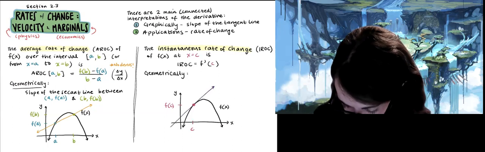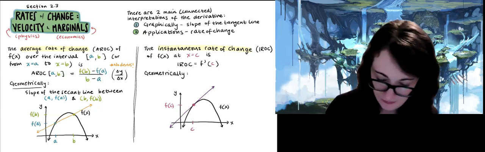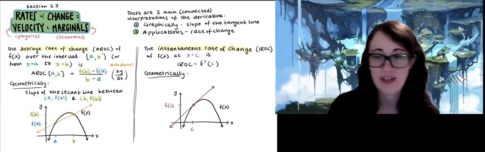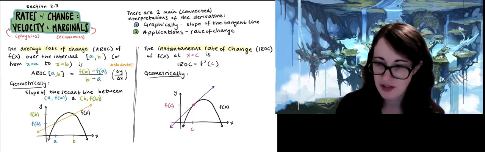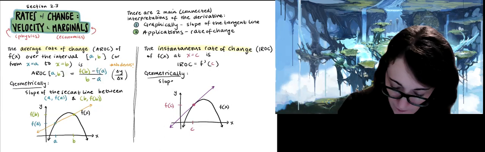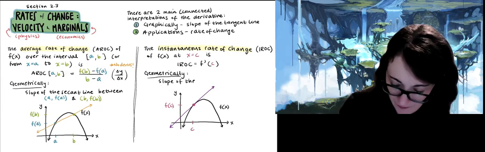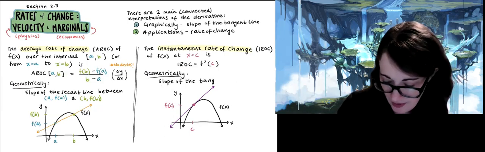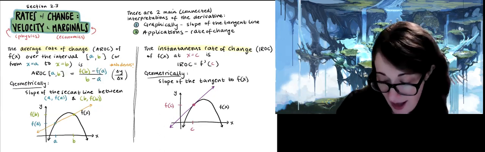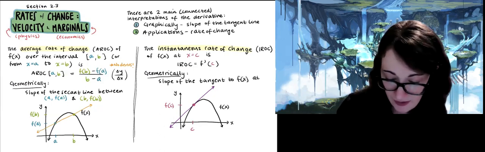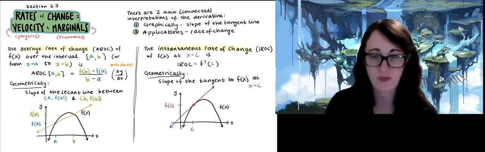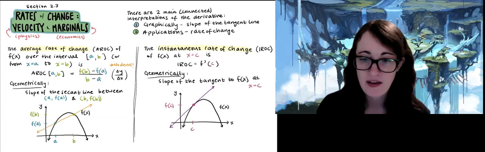So the slope of this line here. Okay, so geometrically, what the instantaneous rate of change can be interpreted as is the slope of the tangent line to the curve f of x, again, at the single point, x equals c, whatever that number may be.